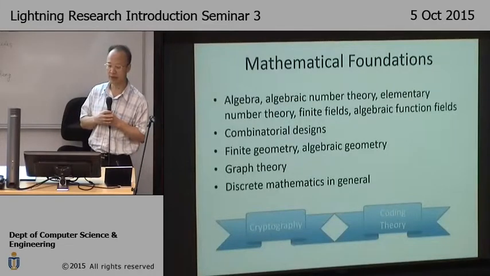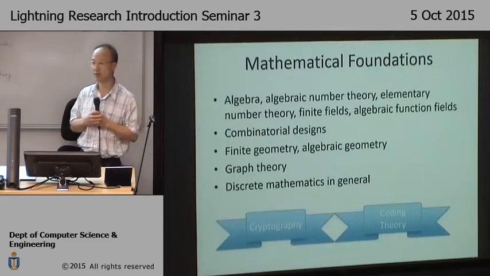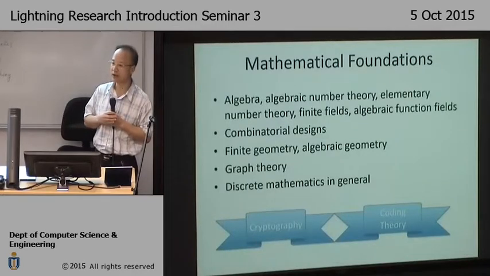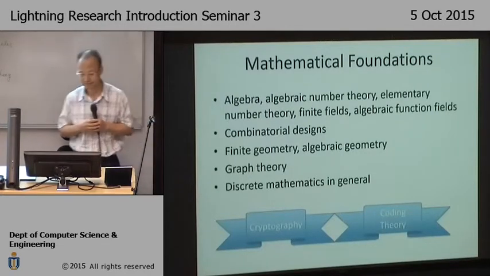Sometimes we need techniques from finite geometry, and sometimes we may employ graph theory. So basically, I'm interested in discrete mathematics in general. This is because discrete mathematics has a lot of applications in both coding theory and cryptography. So this is what I have.